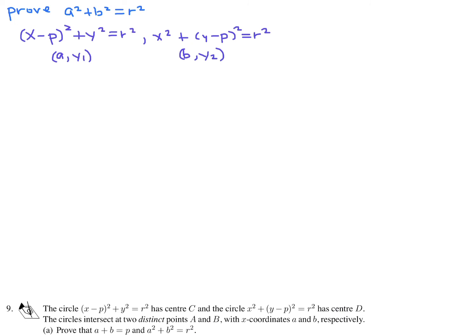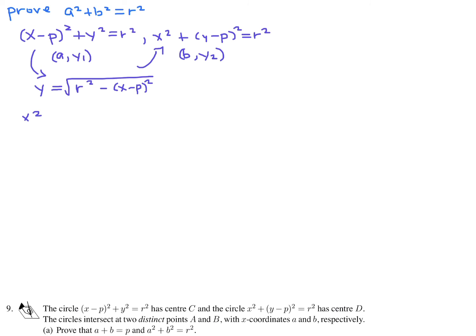Now, let's use these two equations to solve for at least one variable. So in the first one, I'm going to isolate for y. That gives me y equal to the square root of r² − (x − p)². And I'll substitute that into this guy right here.